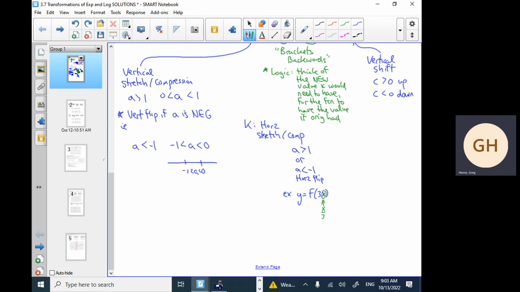So that's kind of why it has the opposite of what you expect. You put in a 3 expecting, oh, it's going to get 3 times as wide, but that's not what happens. It gets 3 times as narrow, or divided by 3 essentially. All right. Hopefully that kind of demystifies the weirdness of that one.